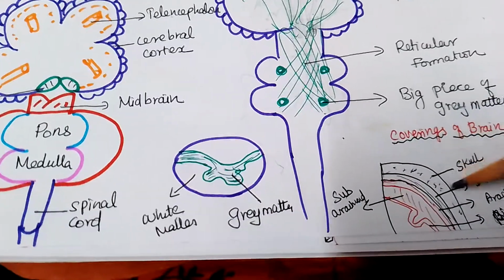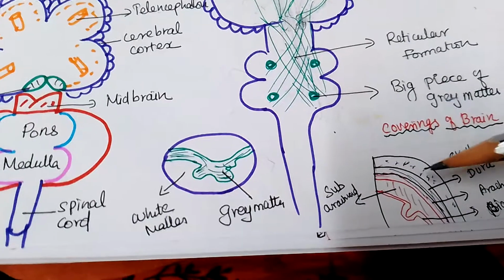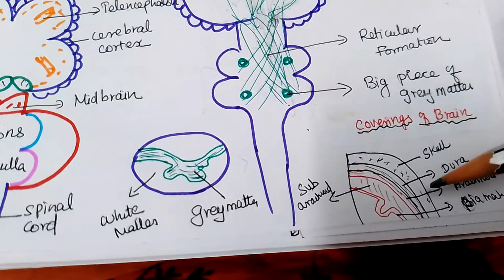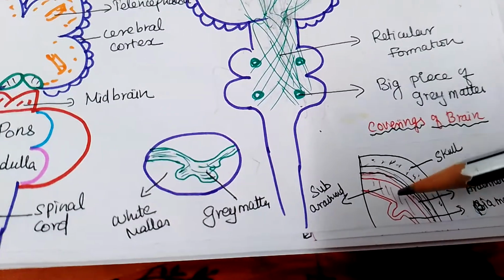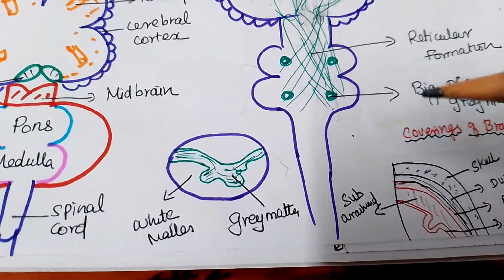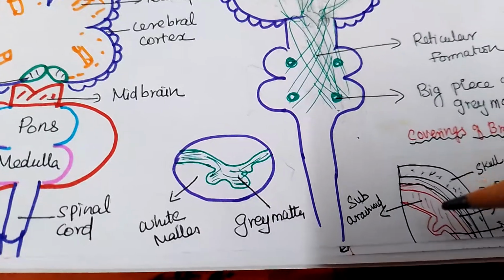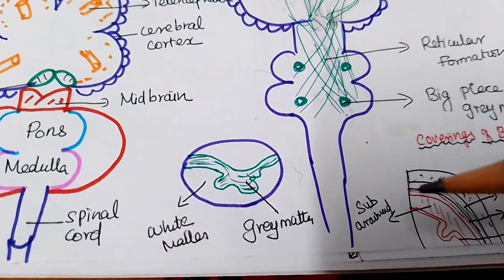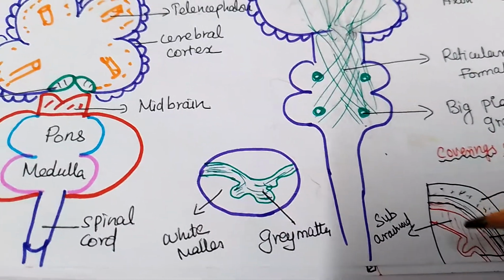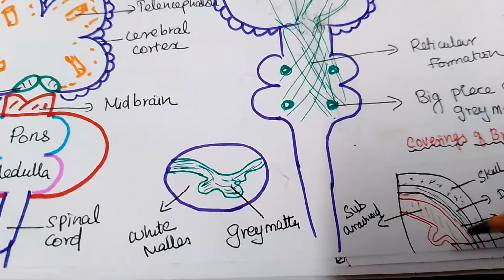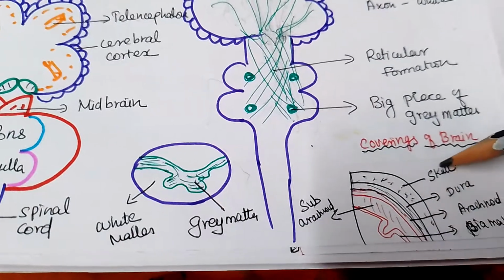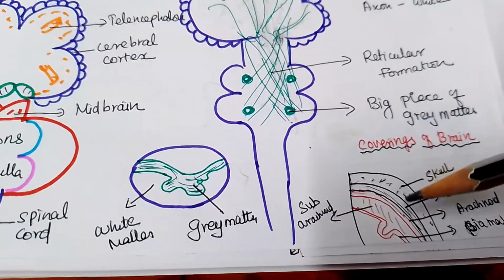Under the skull, first comes the dura mater, then the arachnoid mater, and the pia mater. Between the arachnoid mater and the pia mater, the space is called the subarachnoid space, where the cerebrospinal fluid will be, and the circle of Willis is floating in the subarachnoid space. This is what you have to know when they ask about the coverings of the brain, and the importance of the subarachnoid space.